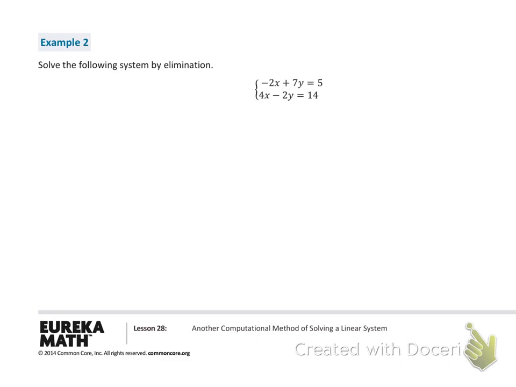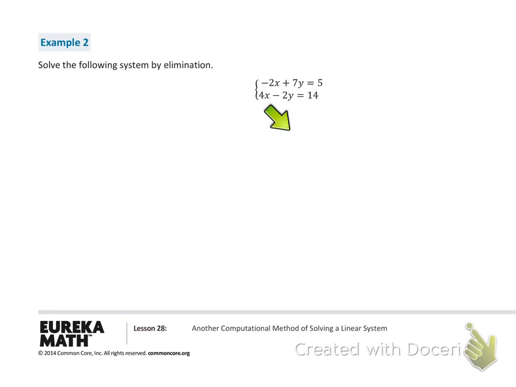Okay, now let's look at example 2, and we're also asked to solve this system by elimination. And if you look at these two equations, if you think about adding the left-hand sides together and setting it equal to the sum of the right-hand sides, notice that there's no variable that's going to get eliminated, because when I add the x terms, negative 2 plus 4 is going to be 2. 7 plus negative 2 is going to be 5.